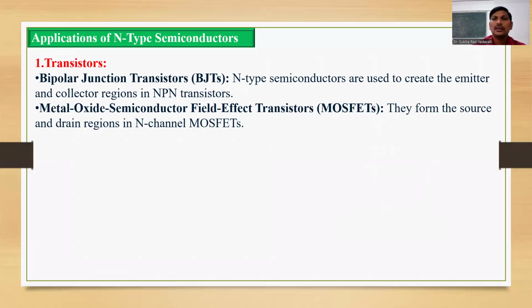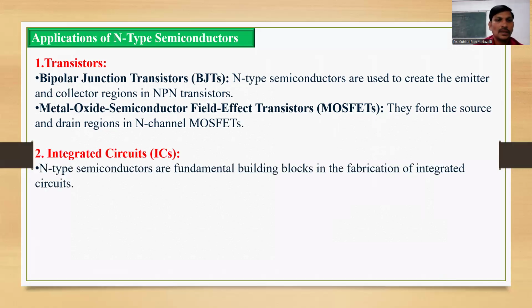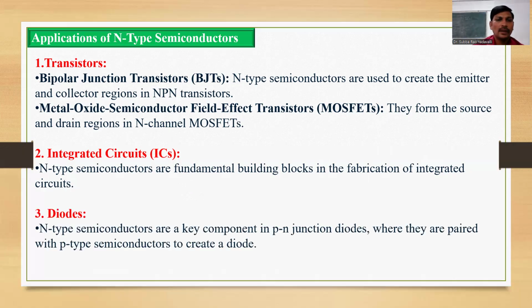MOSFETs are electronic boards having different semiconducting materials, for example ICs, capacitors, diodes, and transistors. Next, integrated circuits. N-type semiconductors are used for the construction of integrated circuits. And next, diodes. These are also key components for the construction of diodes.